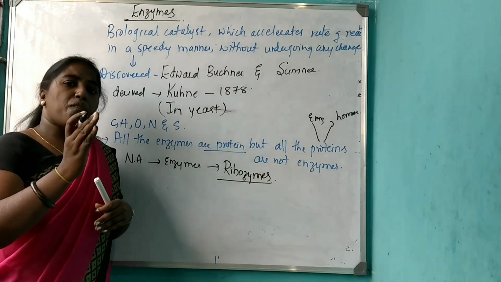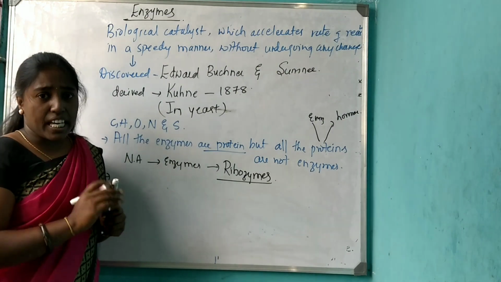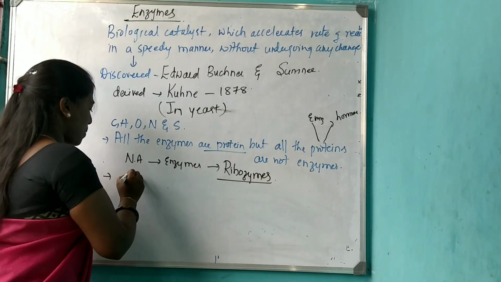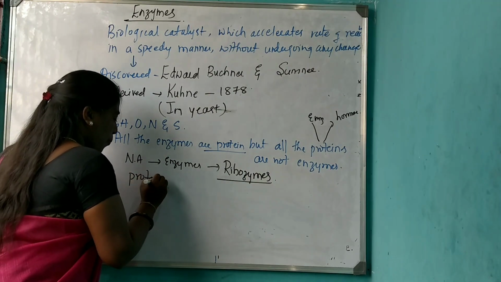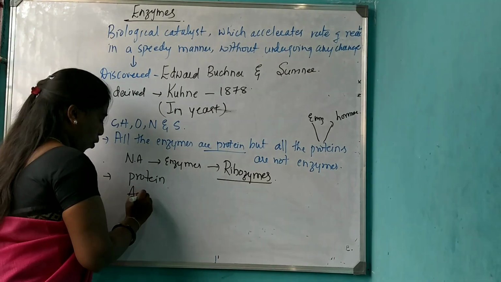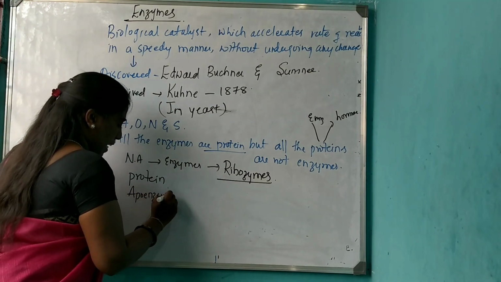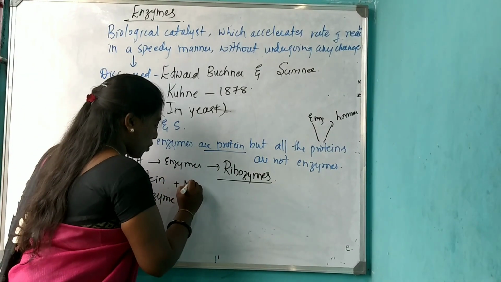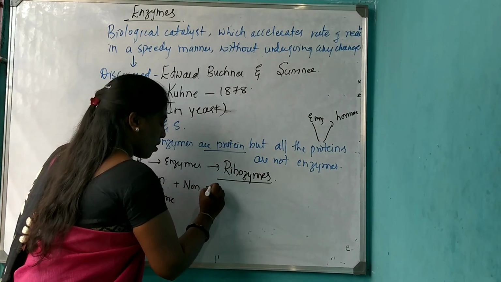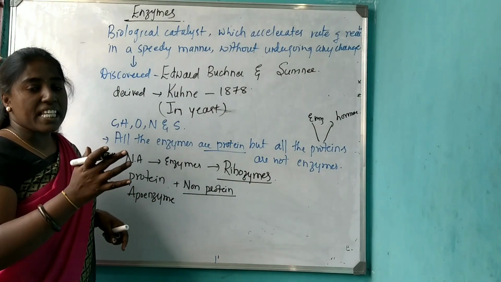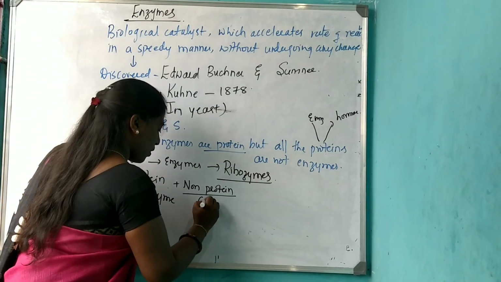When you consider a functional or active enzyme, it is made up of a protein part called the apoenzyme, and a non-protein part called the coenzyme or cofactor.